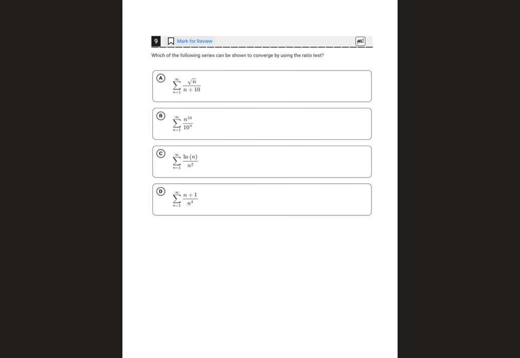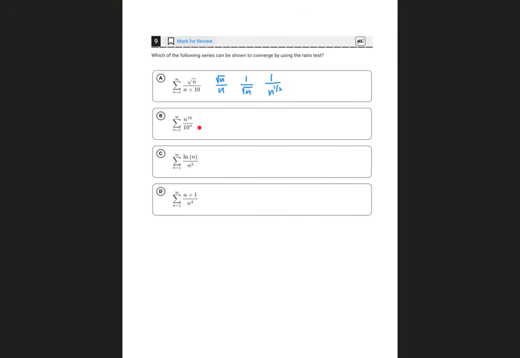So you're just looking at a series where the nth term will be like root n over n, which simplifies to 1 over root n, which is 1 over n to the 1/2. So this series will definitely diverge because it's a p-series where p is less than or equal to 1. So this series can't be shown to converge by any test because it diverges.